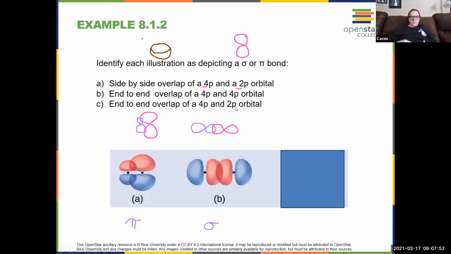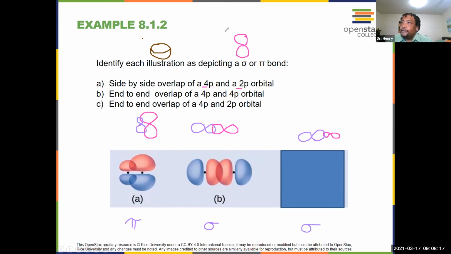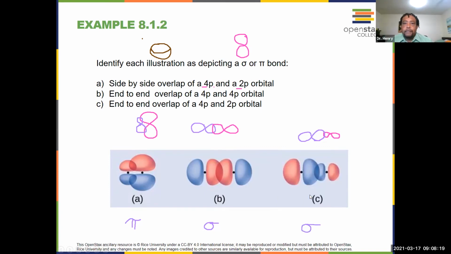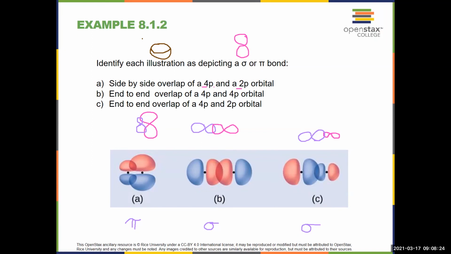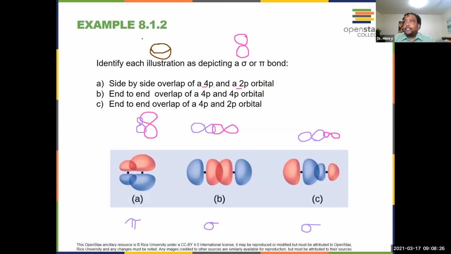It's the same as last time, but you're going to have one smaller, and it's a sigma. Piece of cake? Yep. Okay, so now let's get to the meat.